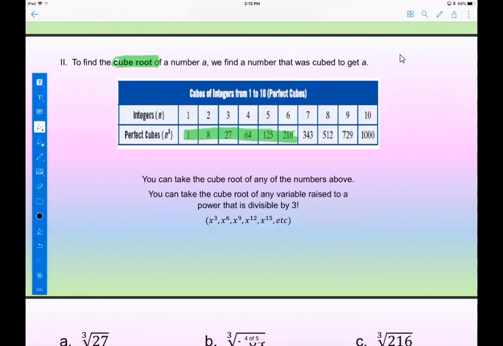Be careful, because some numbers, like 64, are a perfect cube and a perfect square. To simplify cubes with variables, the exponents have to be multiples of 3, like 3, 6, 9, 12, 15, and so on.